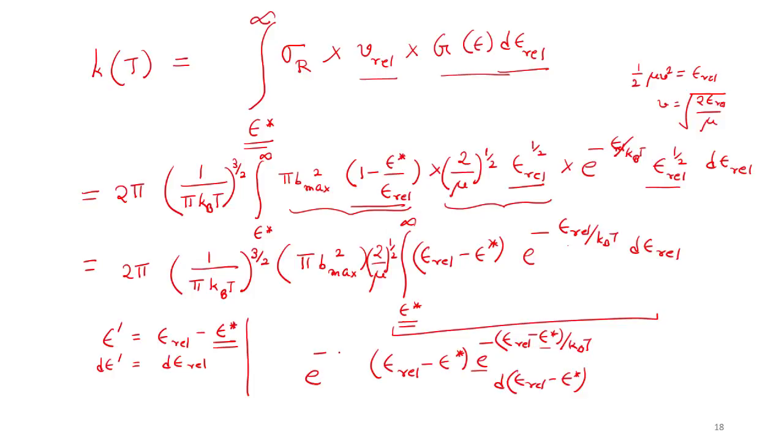So I have to also multiply by e to the power minus epsilon star by kBT. Then I can integrate it, and switch to epsilon prime. If the lower limit for E relative is epsilon star, then epsilon prime actually goes to 0.